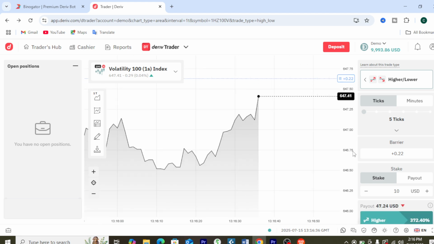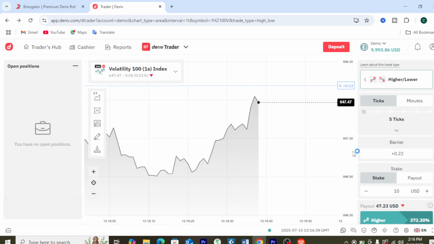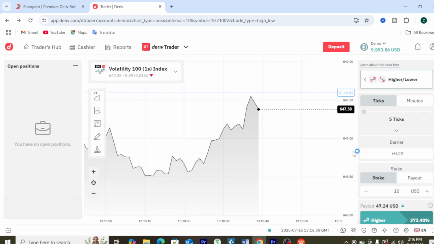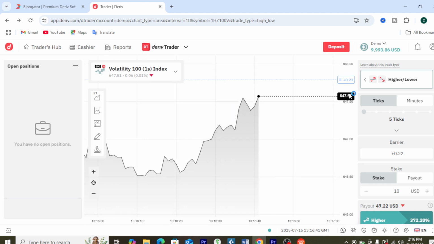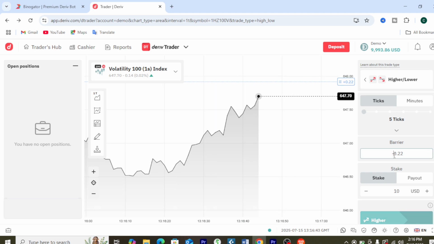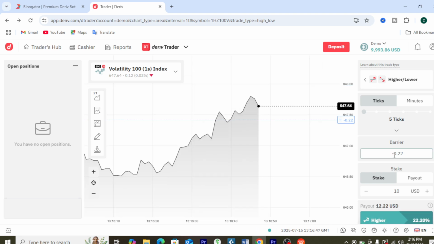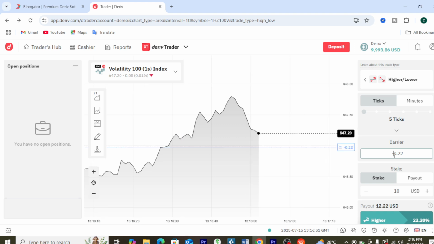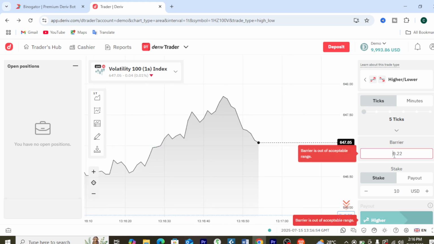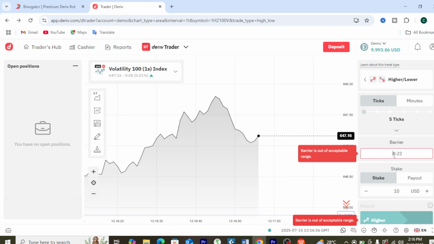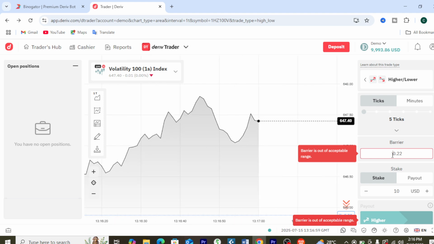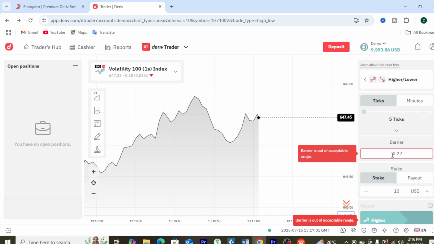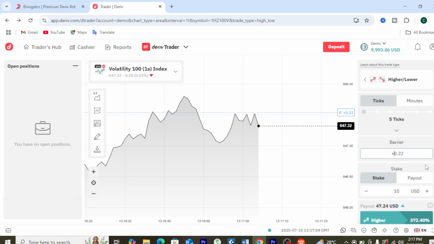This plus means that the barrier is going to be set upward. If I change this to minus, you're going to see that the barrier comes down. That's what plus and minus mean. So let me change this back to plus. The barrier has come back upwards.